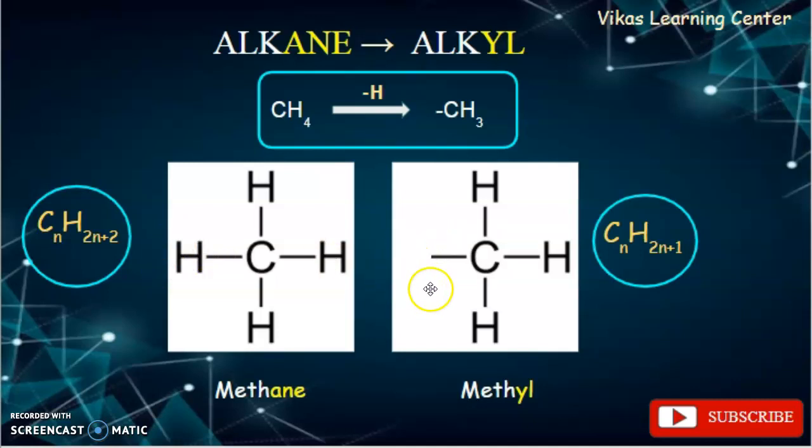As this place gets vacant, it may link to any other group or any atom of other elements. But whenever there is a removal of a hydrogen atom from an alkane, it is converted to an alkyl group. As you see, the general formula of alkane is CnH2n+2.